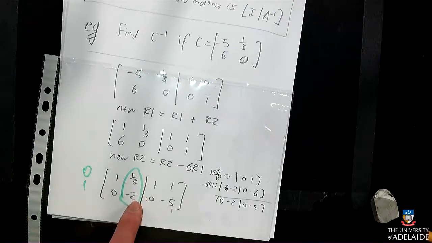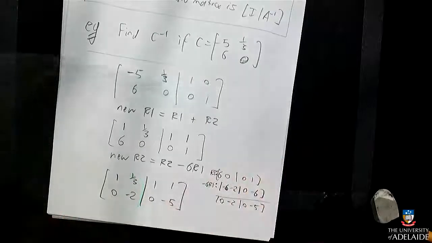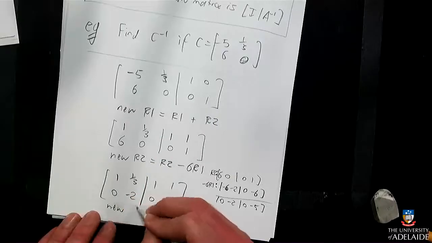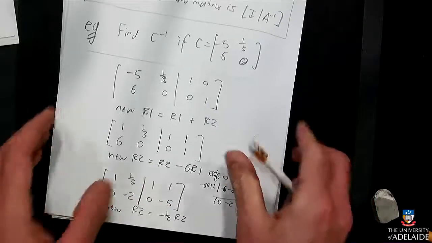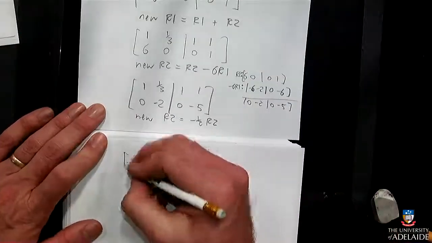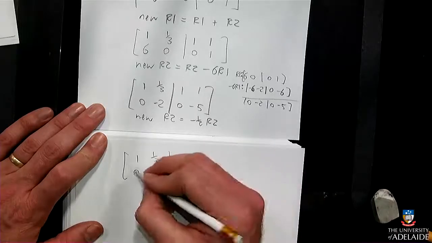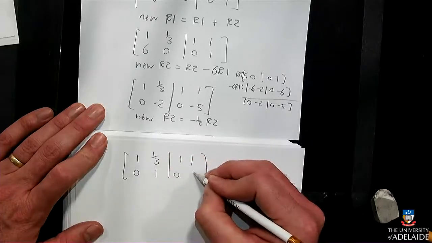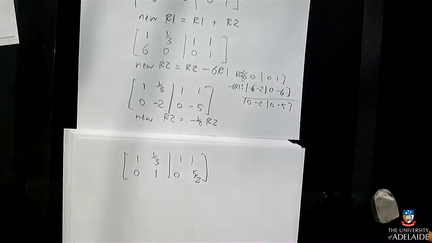I could times this by minus a half, and so that's what I'm going to do. So my new row 2 is minus a half of row 2. That would put a 1 in the spot where I want it. So I didn't change row 1, but I did change row 2. There we go. Looks like we're getting closer to the inverse that we were hoping for.